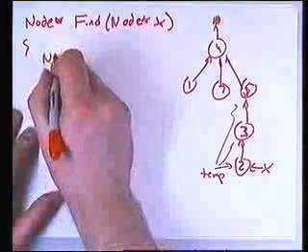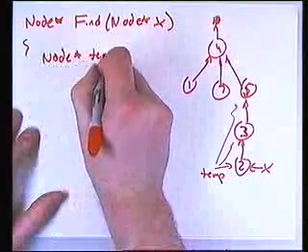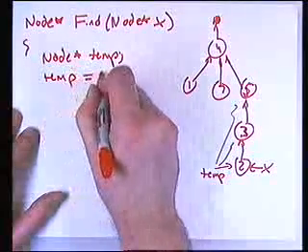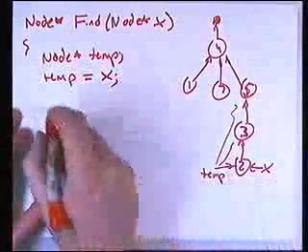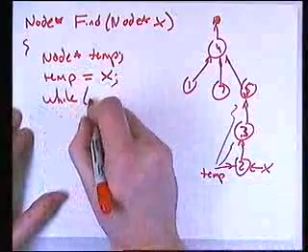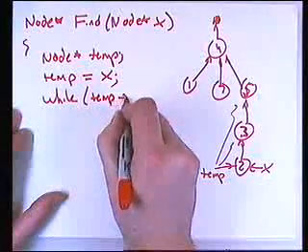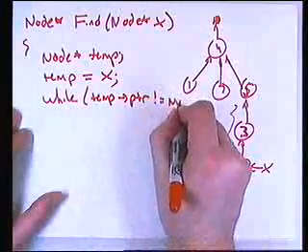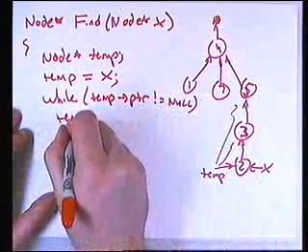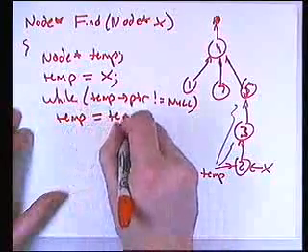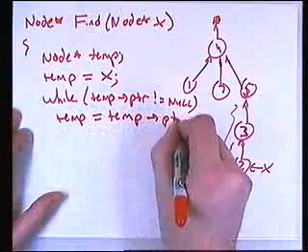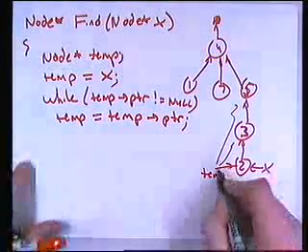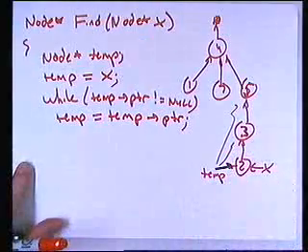So I can say, well, create a node pointer temp, and I'll have temp point to the same place as x does, and then I can say, as long as parent of temp is not equal to null, what I will do is say that temp points up to parent of temp.